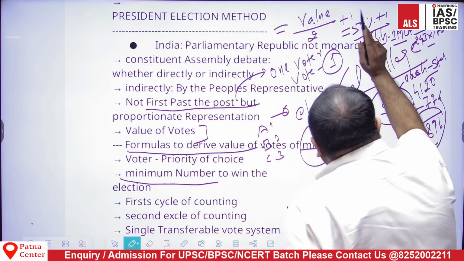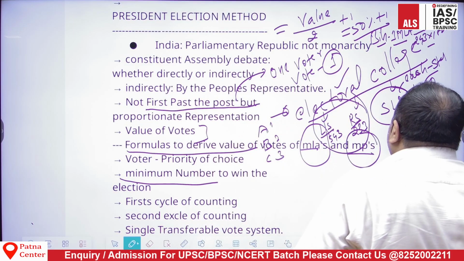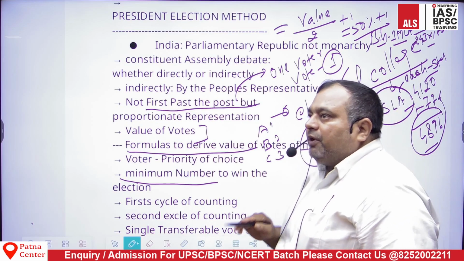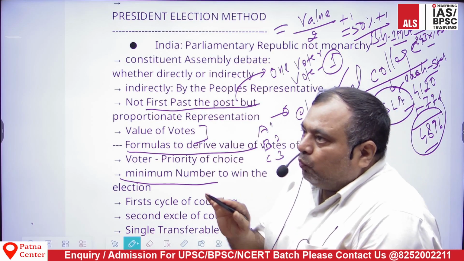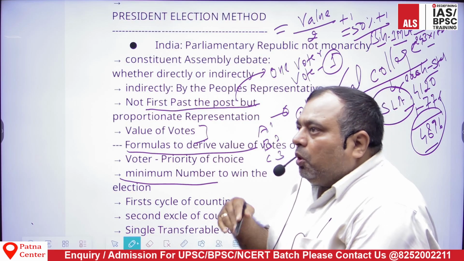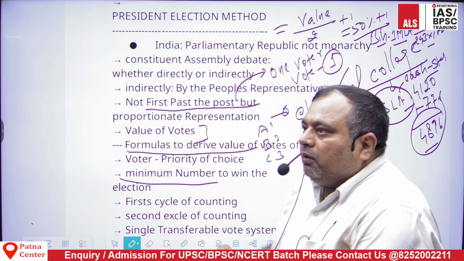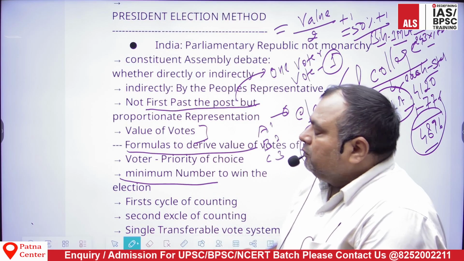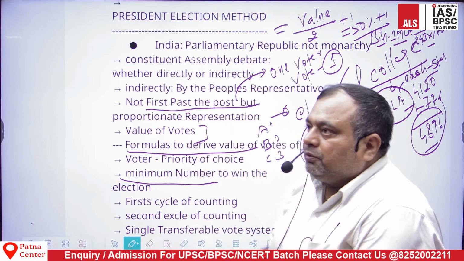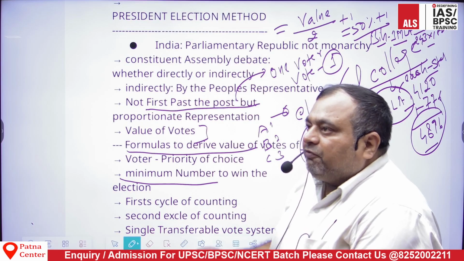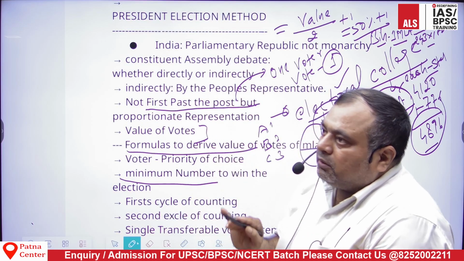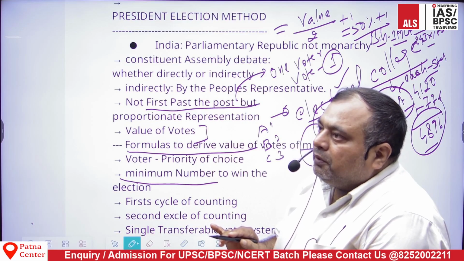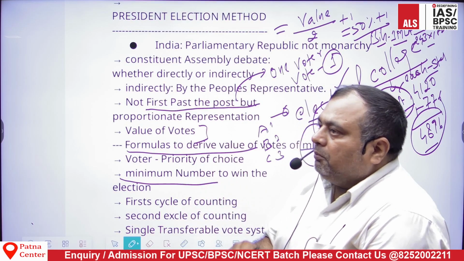This is the minimum number a candidate needs to win the election. In the first past the post system, there is no minimum number decided initially. Whoever gets the maximum votes becomes the winner. But in the proportionate representative system, it is decided by the minimum number.